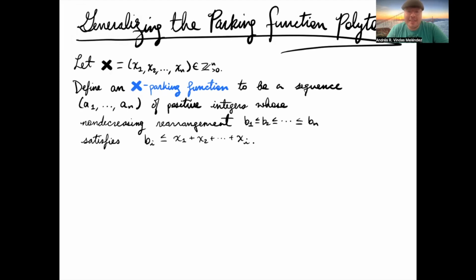Similarly to the classical setting, we're going to take its non-decreasing rearrangement, b1 is less than or equal to b2, is less than or equal to b3, and so on. But in this case, the x parking function has to satisfy b sub i is less than or equal to the partial sum x1 plus x2 up to xi. Okay.